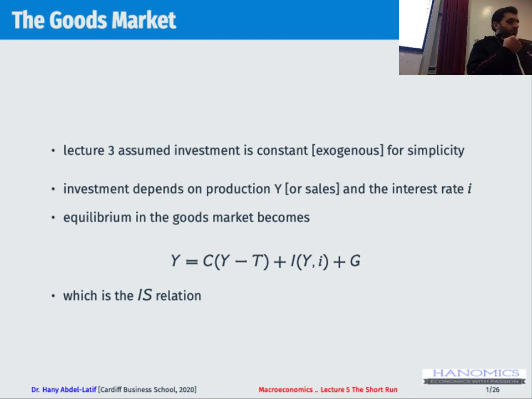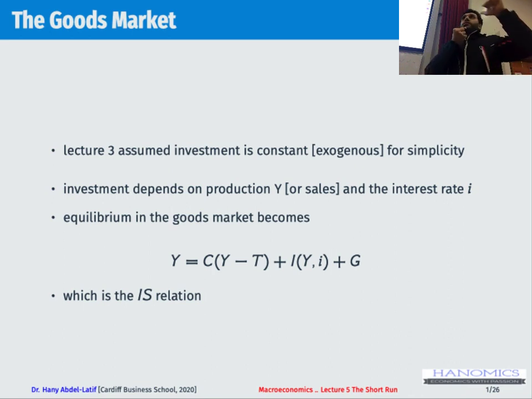If the return to this investment is not at least equal to the interest rate, if not higher, then you probably wouldn't take that investment. So my point here is, these two factors, production, which equals income, and also the interest rate, determine investment.